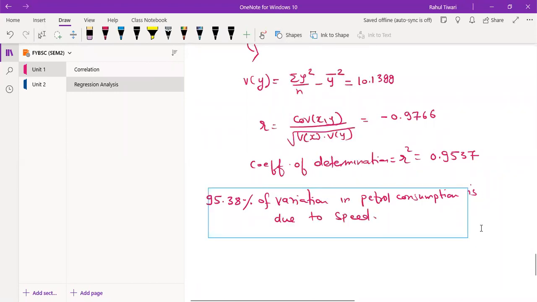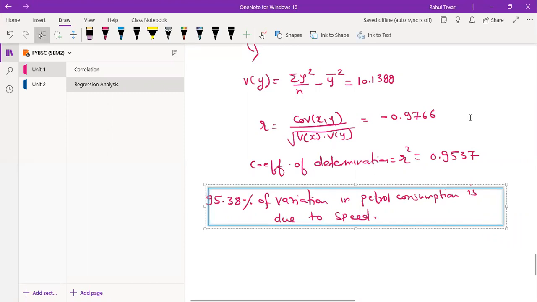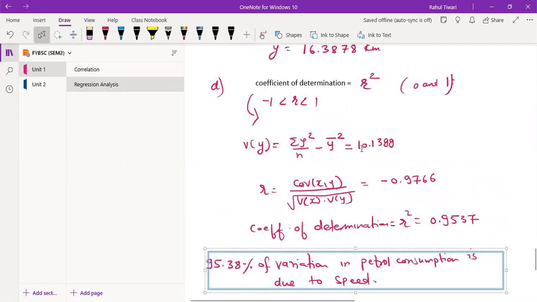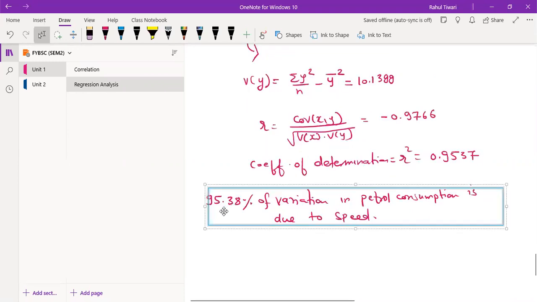That's it. The rest of the calculation you can do with a calculator. I'm not interested in it at all. A statistician should know this, which is written at the last in the box. The whole calculation can be done by anyone, even a commerce student can do it. But when you come to this interpretation, it is very difficult even for a statistician.